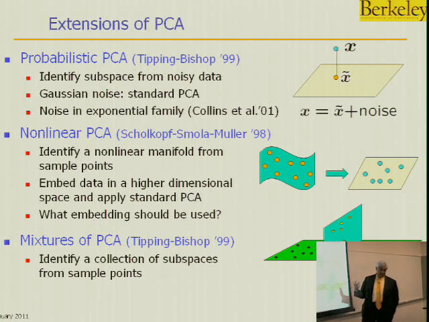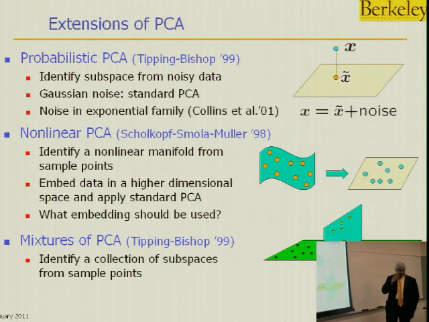This is called, in the statistics literature, mixtures of PCA. It's called a mixture because there's a Gaussian distribution with its covariance along these principal components, and another Gaussian distribution corresponding to points that are here, and then you have a convex combination of those two distributions. So that is one reason it's called a mixture.